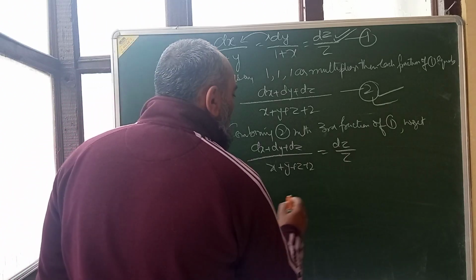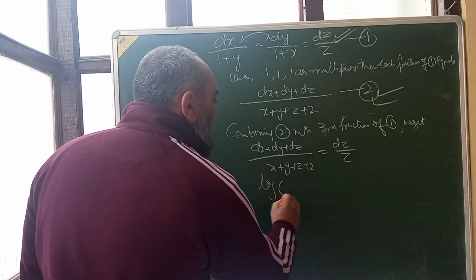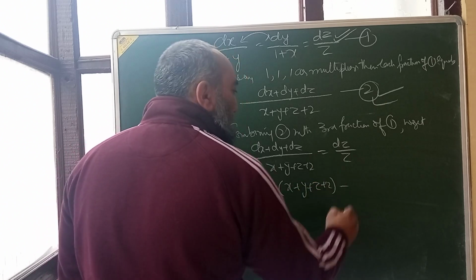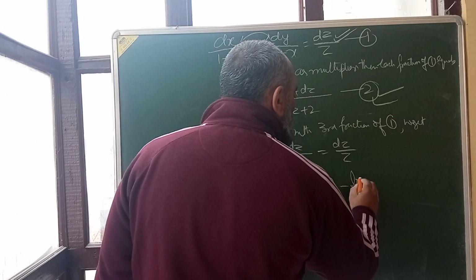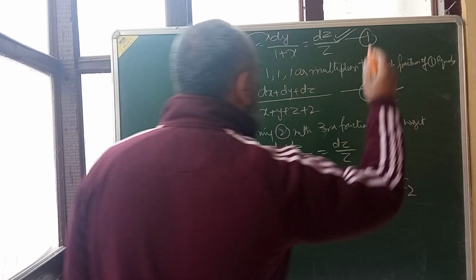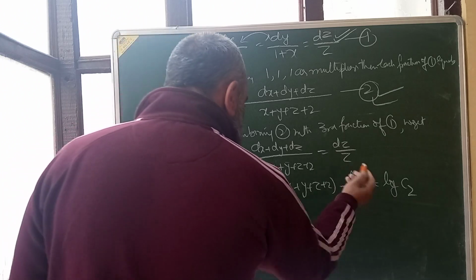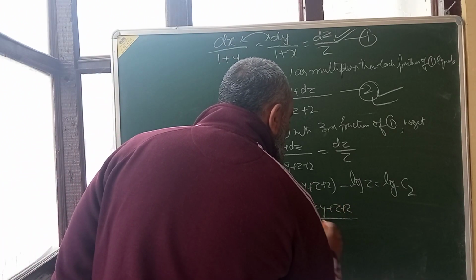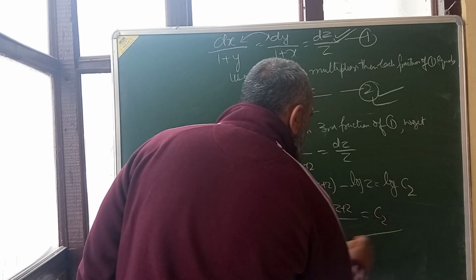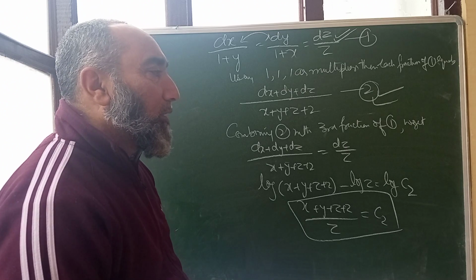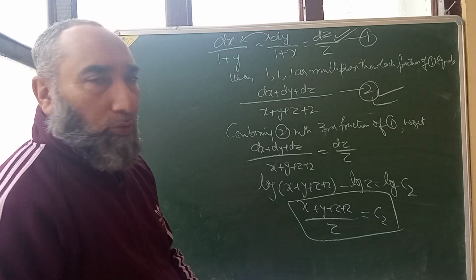So integrated, you will get log of (x plus y plus z plus 2) minus log z equal to log of c2, because c1 I have already found. So you can write it as (x plus y plus z plus 2) by z equals c2. This is another solution. So c1 and c2 together give the complete solution.